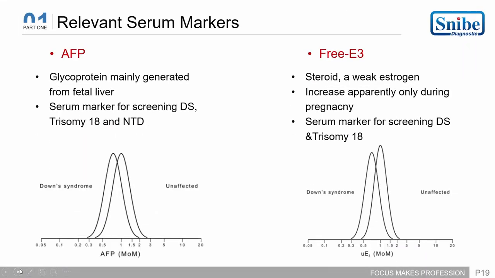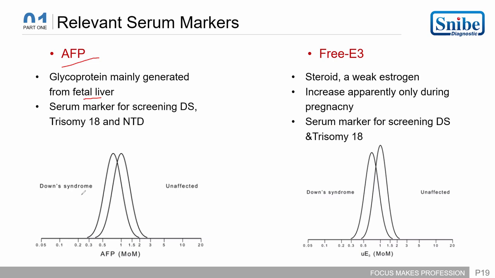If we talk about more relevant markers for prenatal screening, we have alpha fetoprotein. Again, this is a glycoprotein which is mainly generated from the fetal liver. That's why the alpha feto assay is used not only in congenital disorders, but also in testicular cancers, hepatocellular carcinoma, trisomy 21, trisomy 18 and neural tube disease.